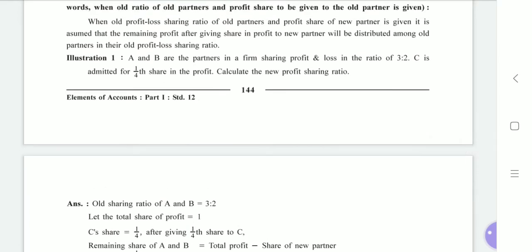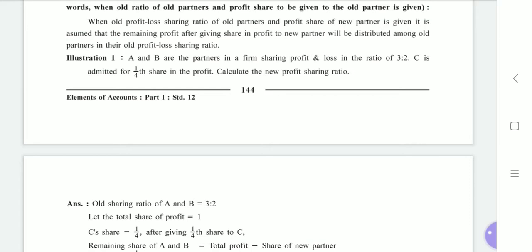So if earlier the profit was 60,000, and we are distributing it among A and B as per the old partnership terms, if the ratio was 1:1, the amount of distribution would be 30,000 each.